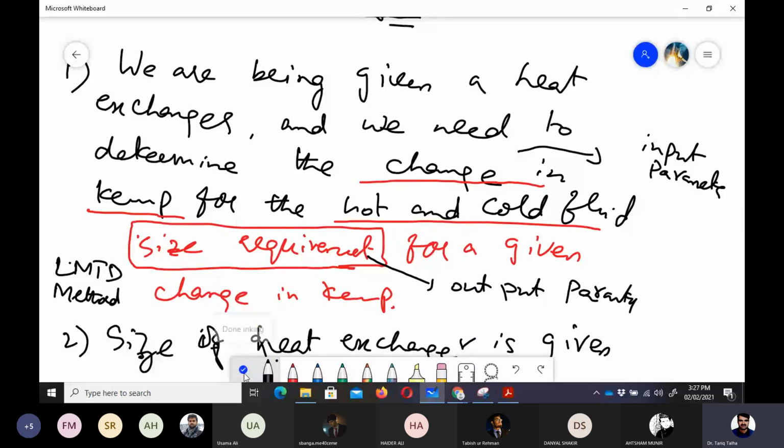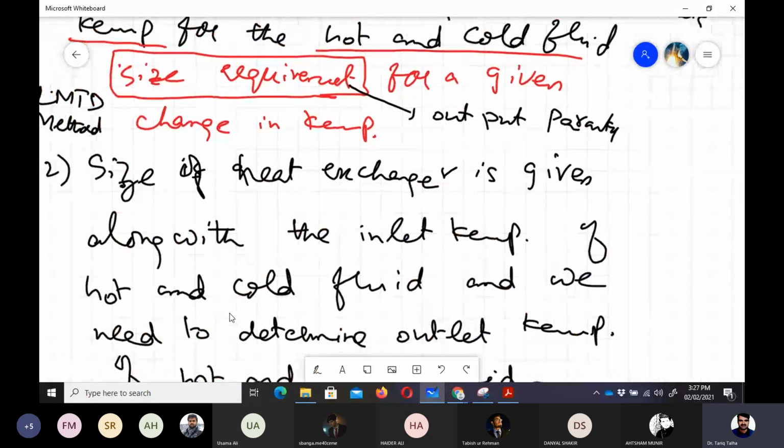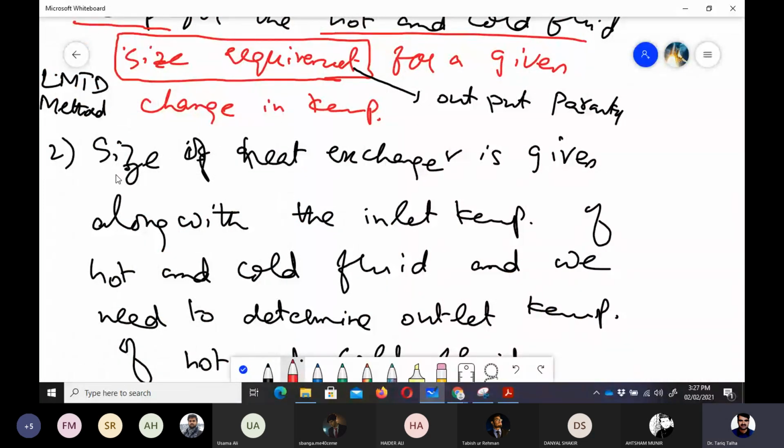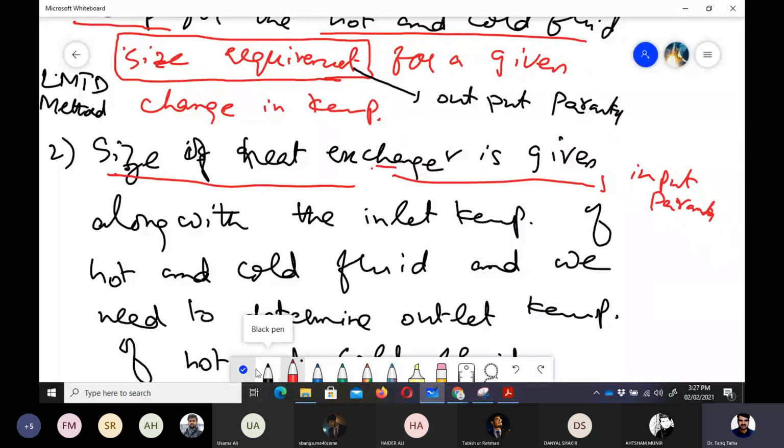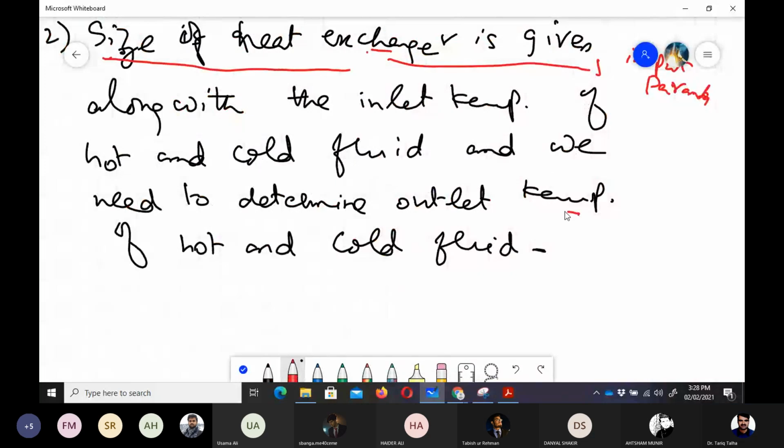And then for the second option, we are given the size of the heat exchanger as the input parameter, along with the inlet temperatures of the two fluids, and then we need to determine the outlet temperatures.